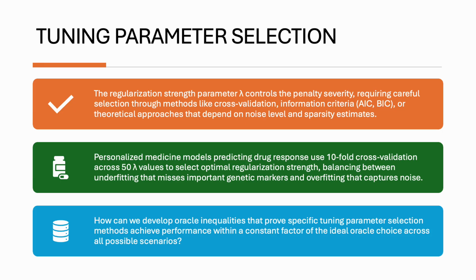The tuning parameter is like this correction strength setting, and selecting the right value means finding that sweet spot where your robot smoothly follows the line without being too loose or too twitchy.